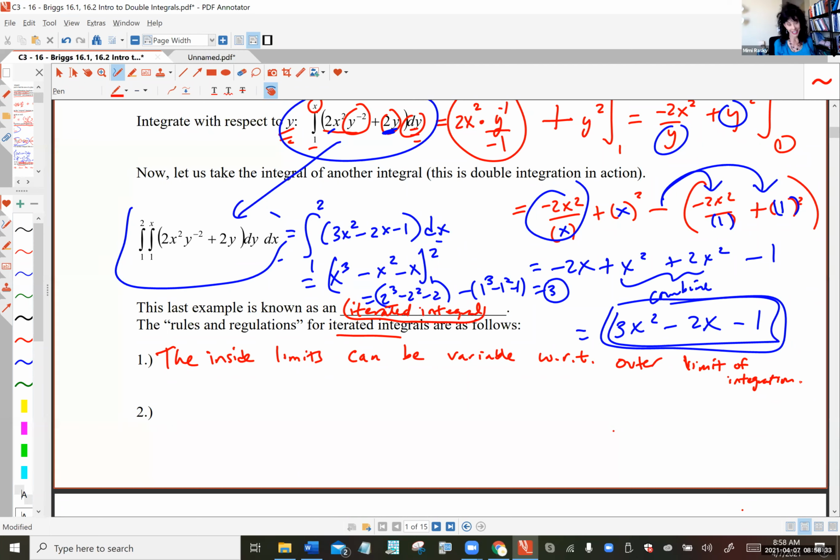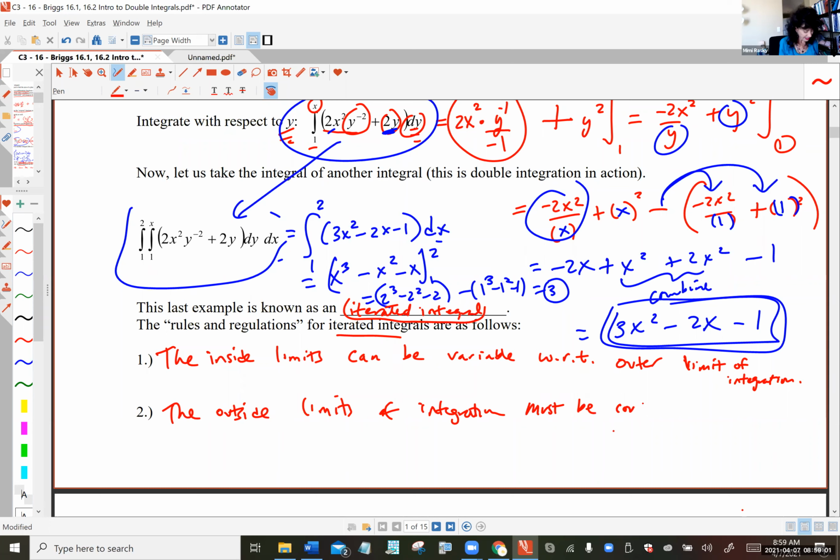And then here's another rule that I haven't told you yet. That's super key. The outside limits of integration have to be constant with respect to both variables of integration. The outside limits of integration must be constant with respect to everybody else that's inside.